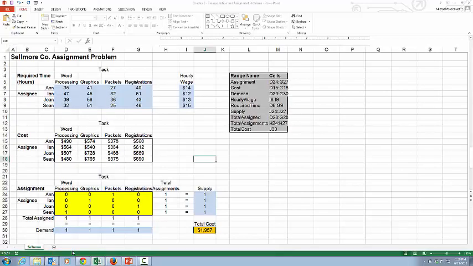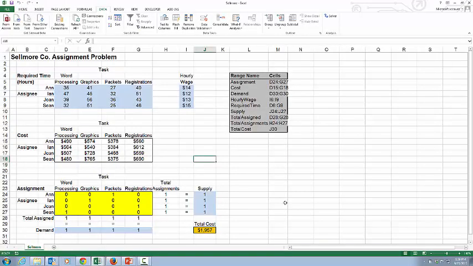So we're now for the assignment problem. And so we've got, again, in light blue, the data. This was the matrix that I just showed you, the 4x4, as well as the per hour wage rates. And these values down here, which are sort of demand and supply, if you think about it, are kind of like that transportation problem we just did.